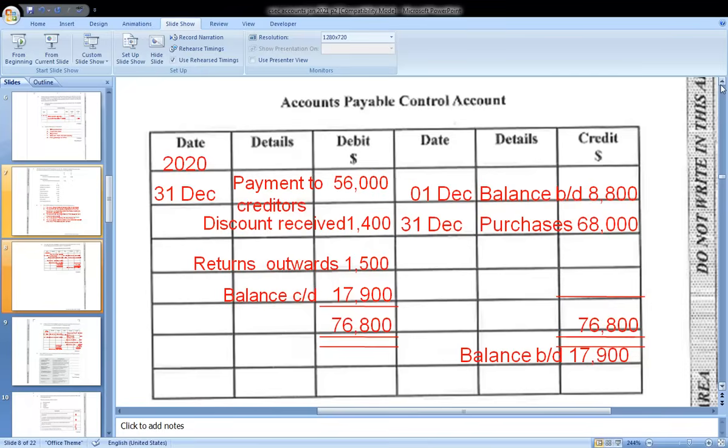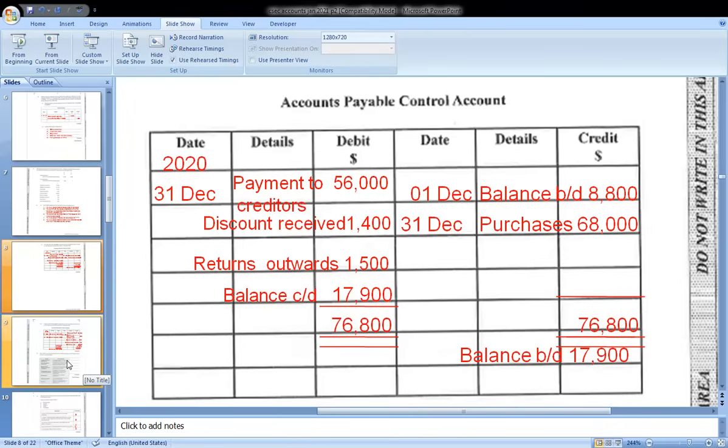The difference between the debit and the credit side is $17,900. So when the total debit side is subtracted from the credit side, our balance carried down would be 17,900, and the balance brought down on the first would be $17,900. So this is what your accounts payable control account should look like.